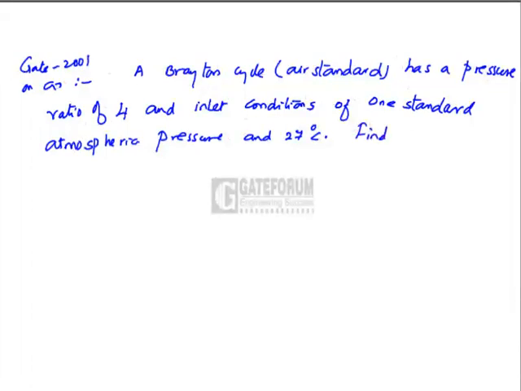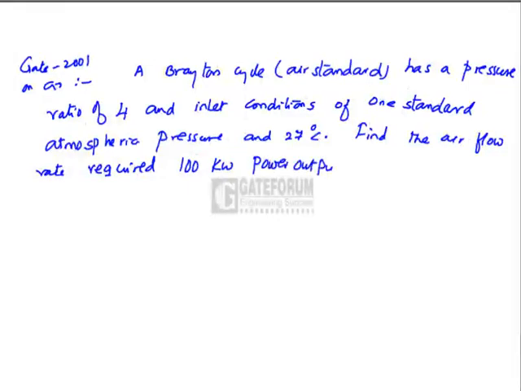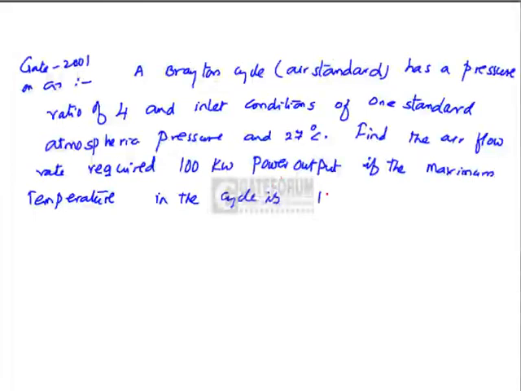Find the airflow rate required for 100 kilowatts power output if the maximum temperature in the cycle is 1000 degrees centigrade.